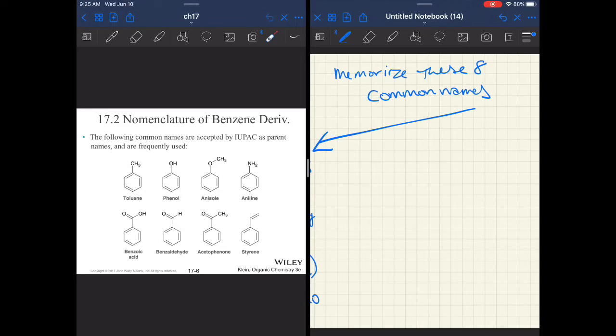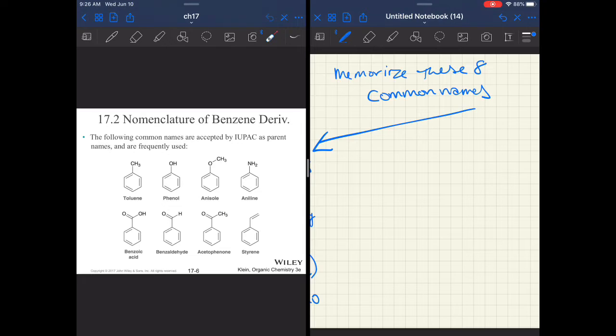The next 4, we don't know how to name as a substituent, so you really only can know the common name for now. Benzoic acid. So we have a 1-carbon carboxylic acid on our ring, benzoic acid. If we have the aldehyde version of that, it's benzaldehyde.